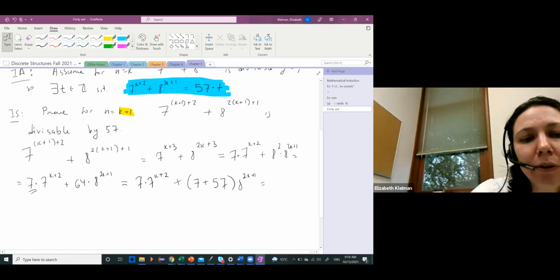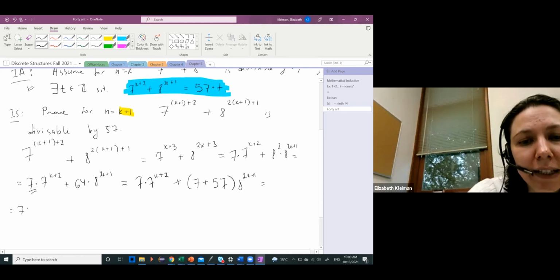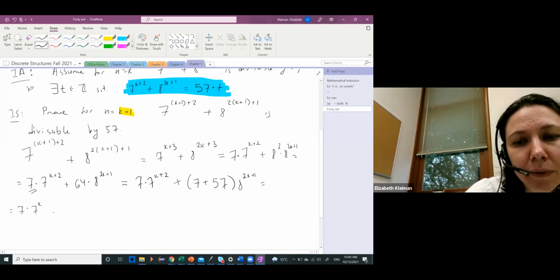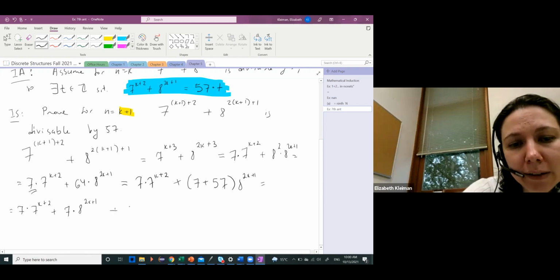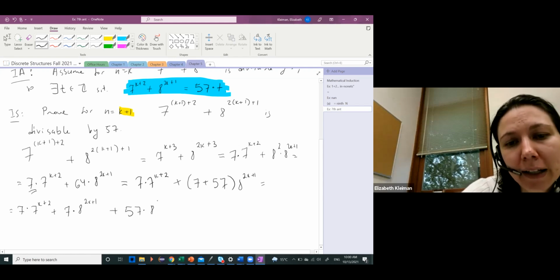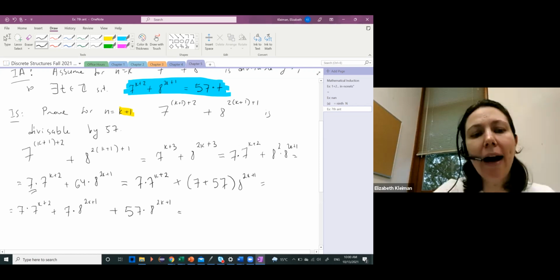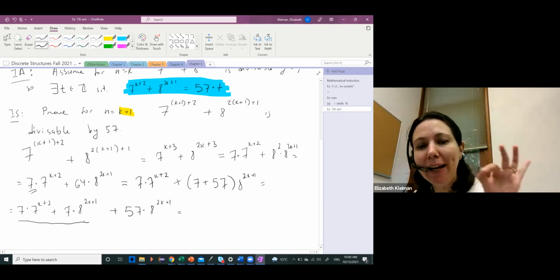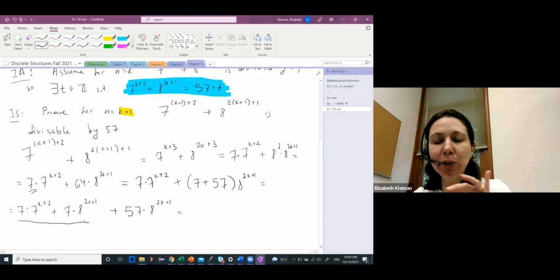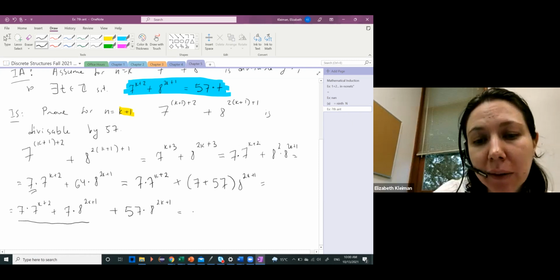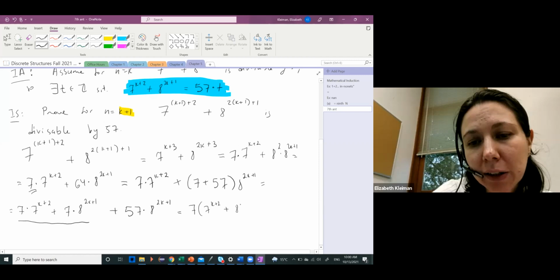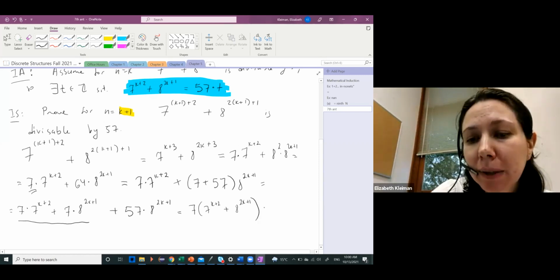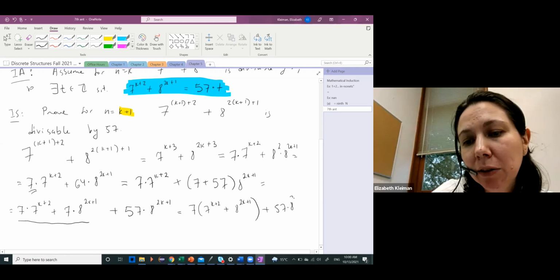And guess what? Now our life is going to be beautiful, because what we have is 7 multiplied by 7^(k+2) plus 7 multiplied by 8^(2k+1) plus 57 multiplied by 8^(2k+1). Now those ones, they really have the same 7, correct? They are both multiplied by 7, so I can factor it. I can represent it as 7 multiplied by (7^(k+2) plus 8^(2k+1)) plus 57 multiplied by 8^(2k+1).